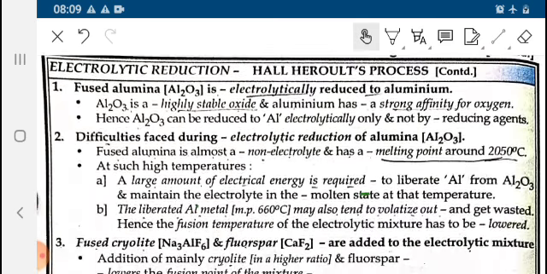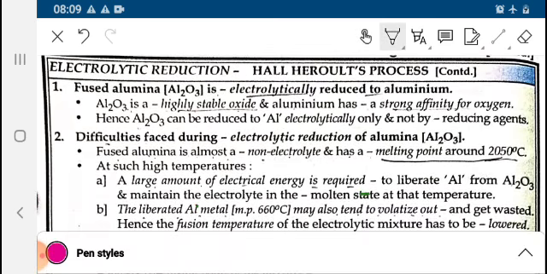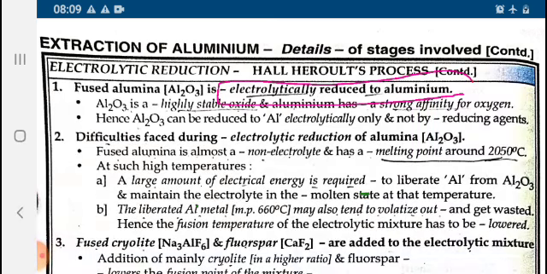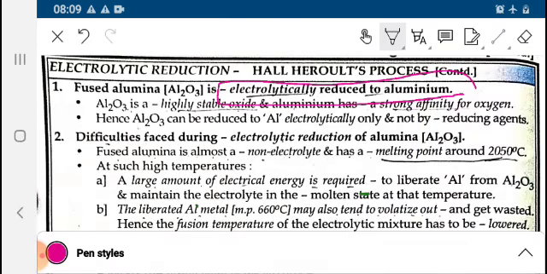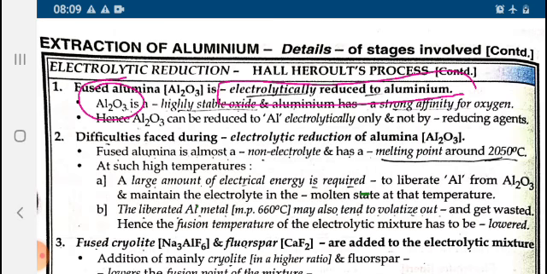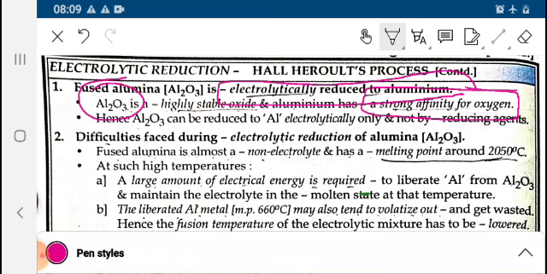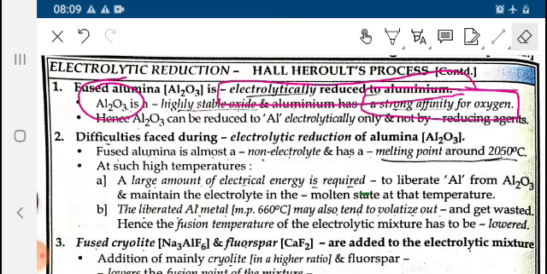First, Al2O3 is electrolytically reduced to aluminium because, as we have already discussed, Al2O3 is an oxide and it's a very stable oxide. So it has a strong affinity for oxygen. What are the difficulties we are facing during the electrolytic reduction?